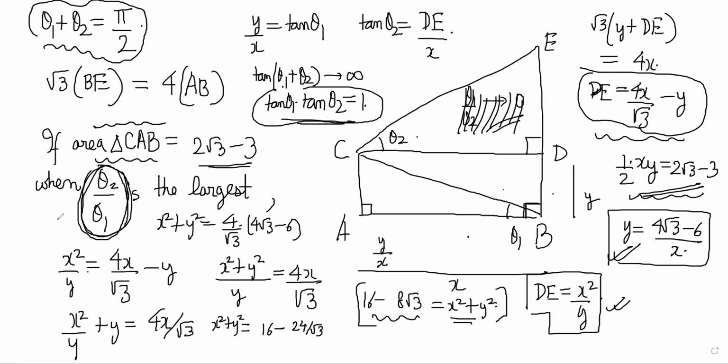We have to focus on when theta 2 by theta 1 is largest, then the area of the triangle CAB is this much, right? Okay, I get it. All that is fine. What will you do after that? Do we need two variables?